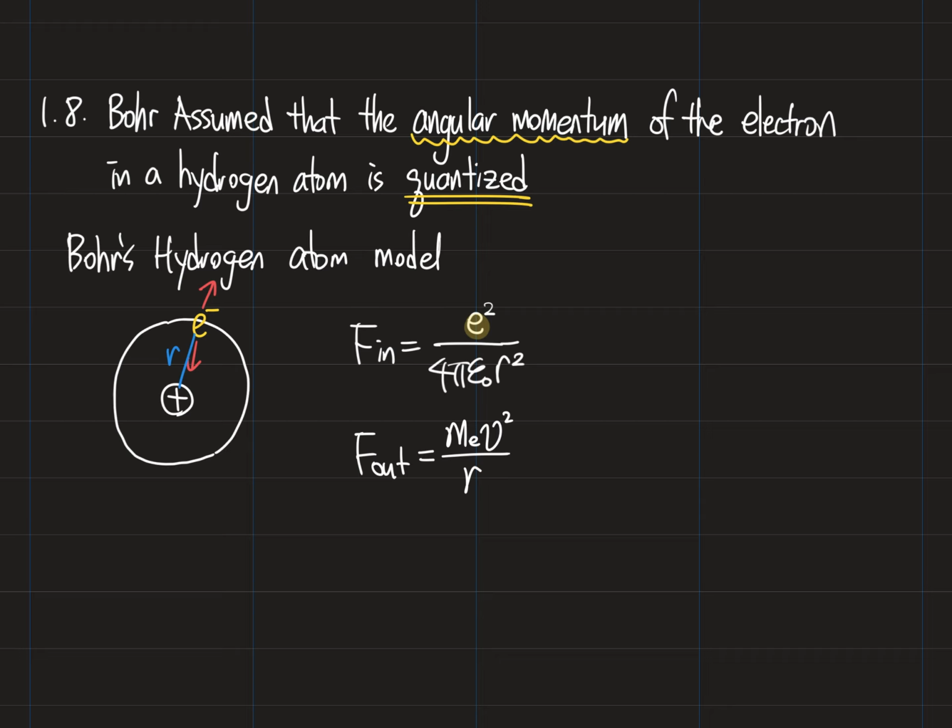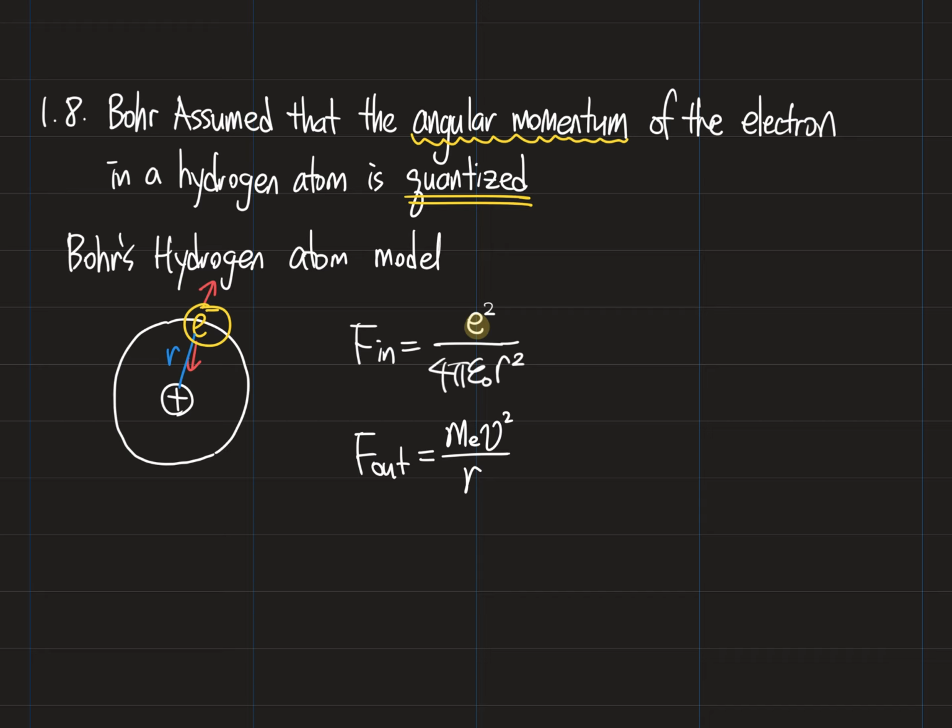According to classical theory, an accelerating electron, because this electron is moving around the nucleus in circular motion, even though its speed is constant, the direction of the moving electron is continuously changing, which means a force is constantly applied to this object, the electron.